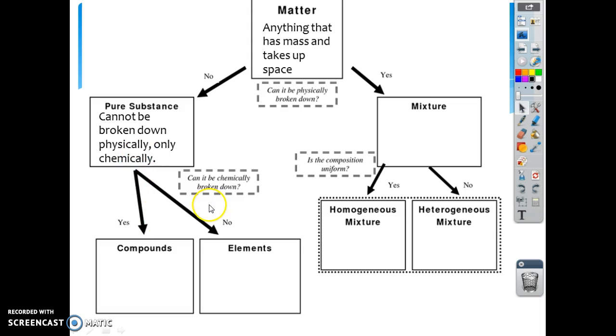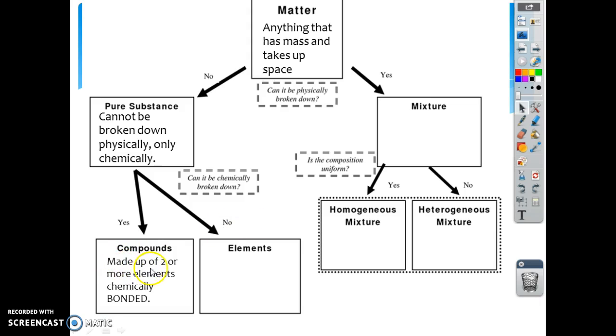And in order to do that, okay, I can put it in two more categories. If I can break it down chemically, if there are bonds to be broken, it's considered a compound. If there are no bonds to be broken, it's considered an element. It's really easy to tell the difference between these two because you have your periodic table on the final to use.